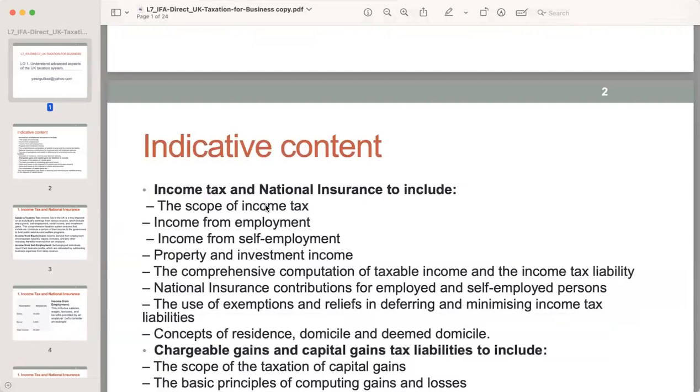Good day, everyone. In today's lecture, we'll discuss some of the more intricate aspects of the UK taxation system.